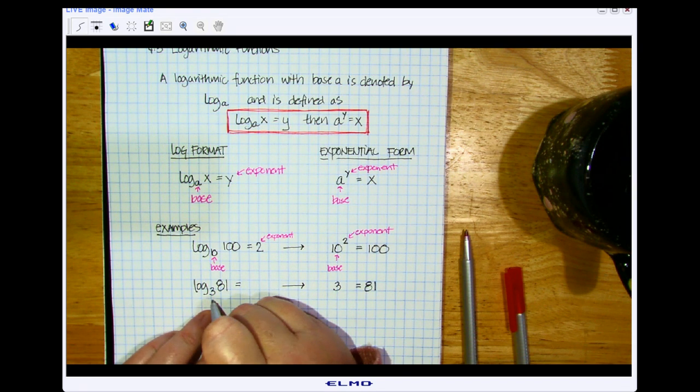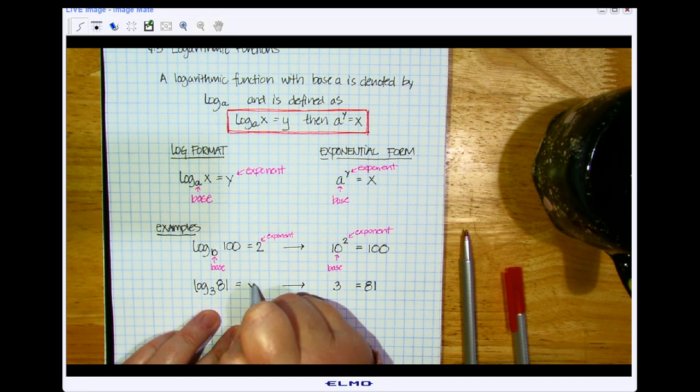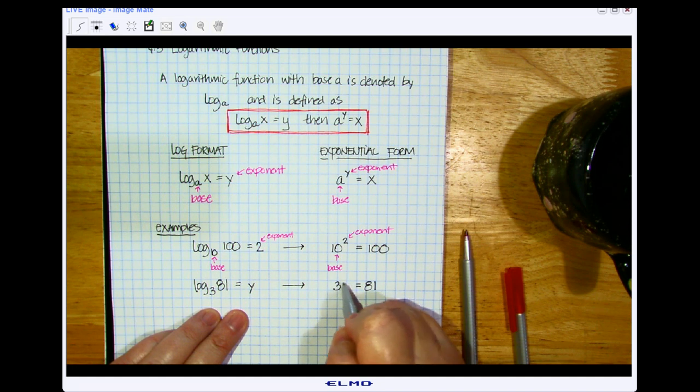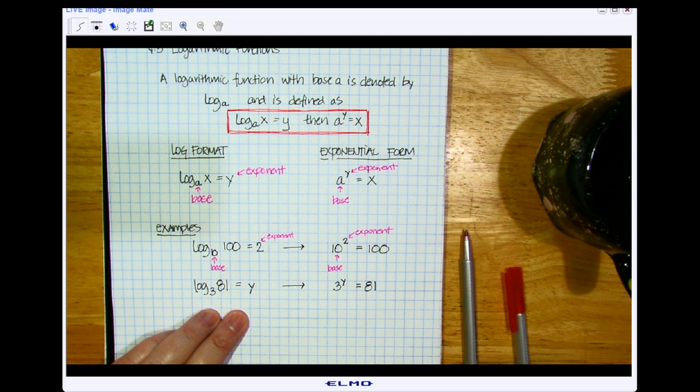So if I had log base 3 of 81 is equal to some value y, then 3 to the y power would have to equal 81.